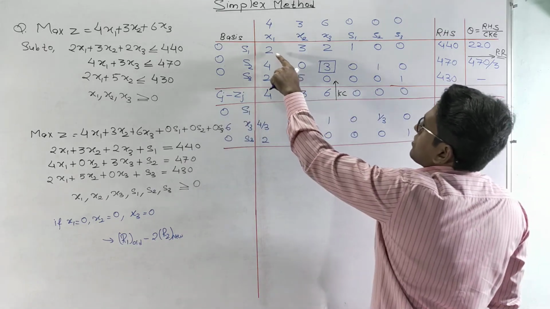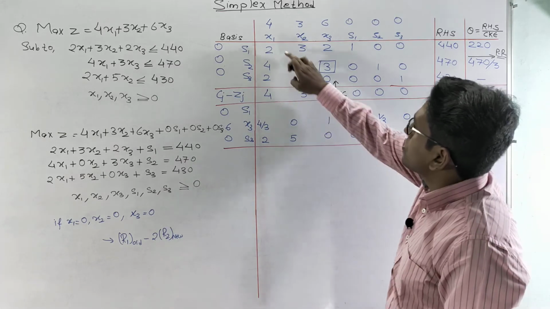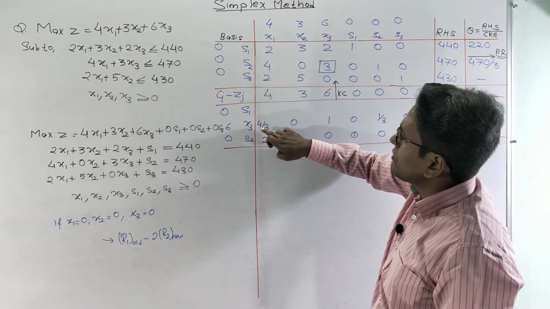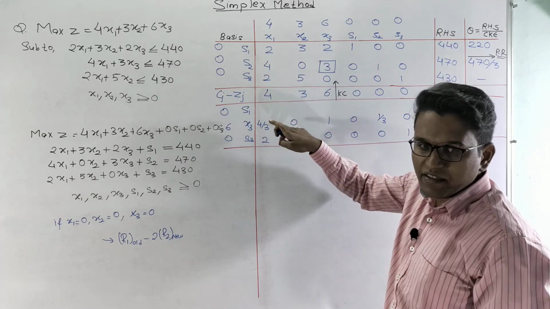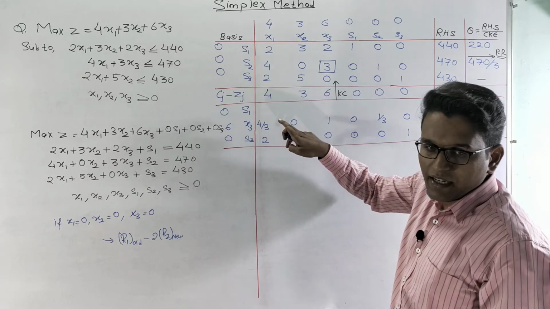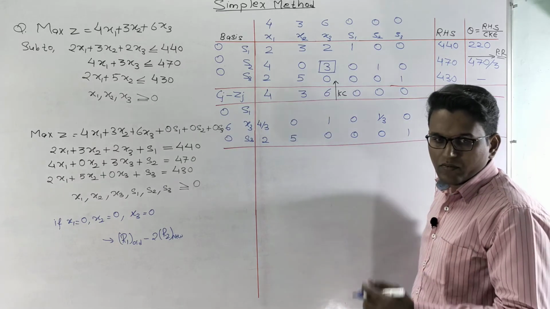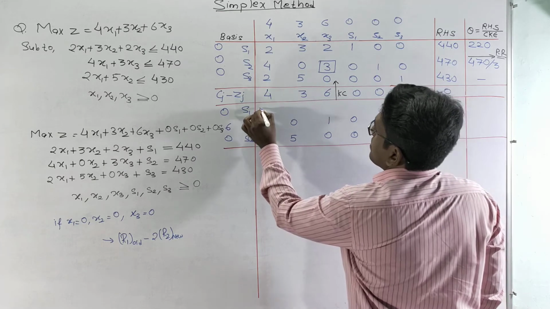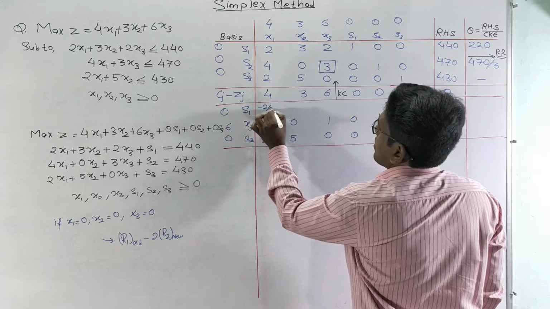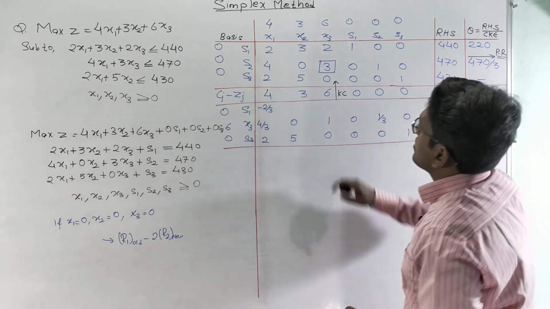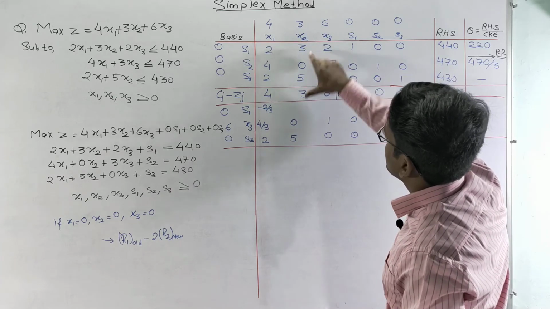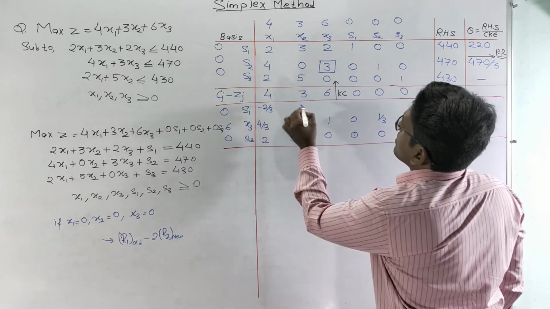So this will be 2 minus 2 times 4 by 3, that means 2 minus 8 by 3, and it will come as minus 2 by 3. Okay, this will be 3 minus 2 times 0 is 3.